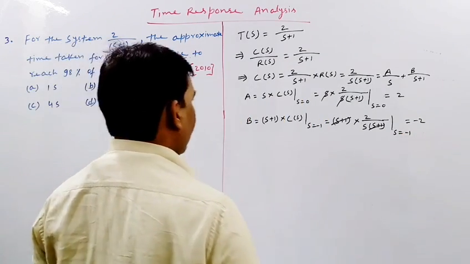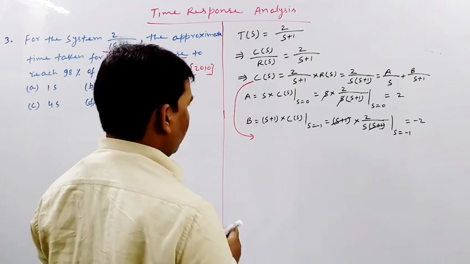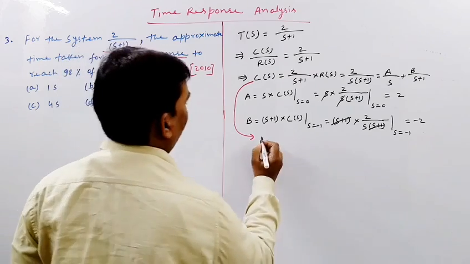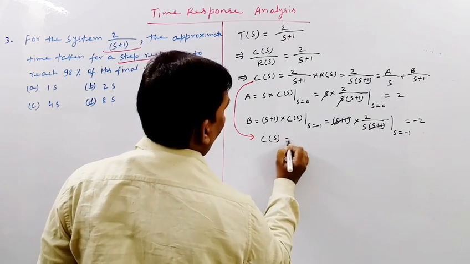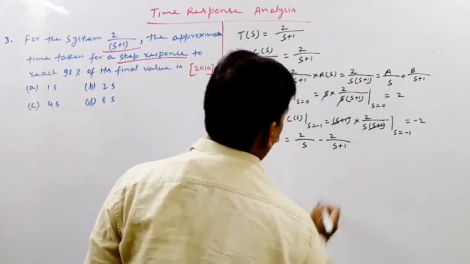Now finally we get C(s) equal to 2 by s minus 2 by (s plus 1).